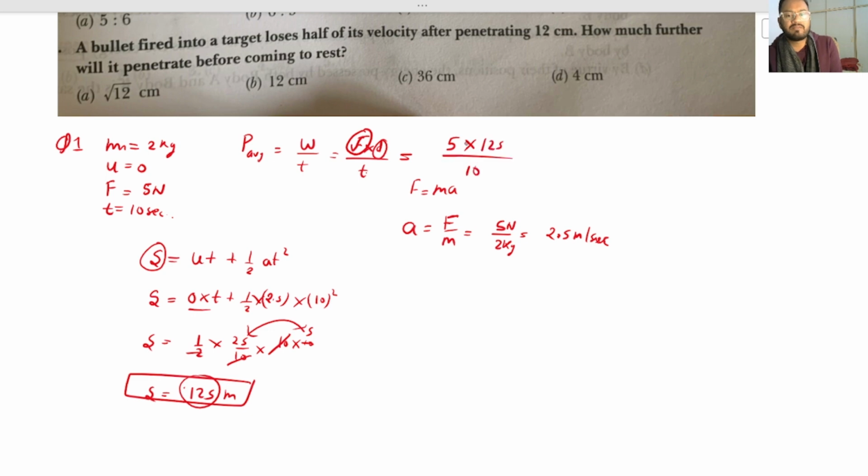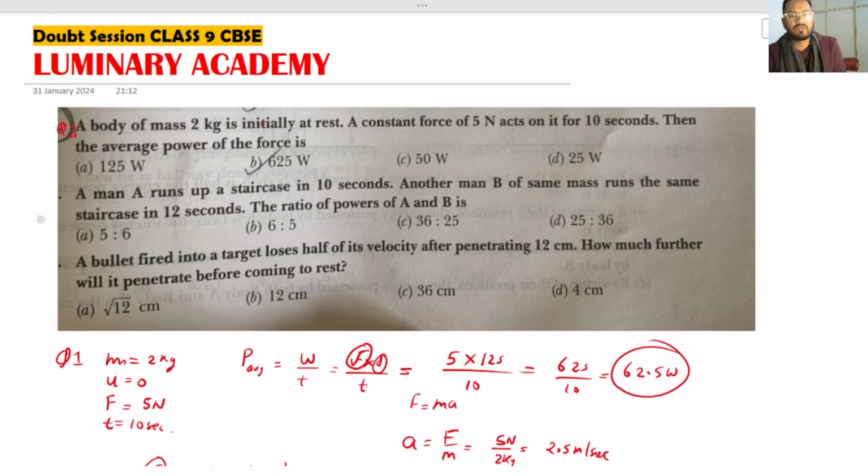So we'll get 5 into 125 is 625 upon 10, that is 62.5 watt, is the power. Okay, so the answer is 62.5 watt. This is how we need to solve the first question.